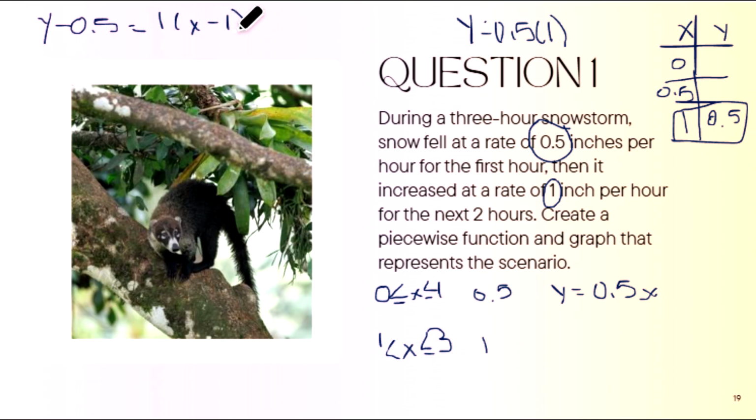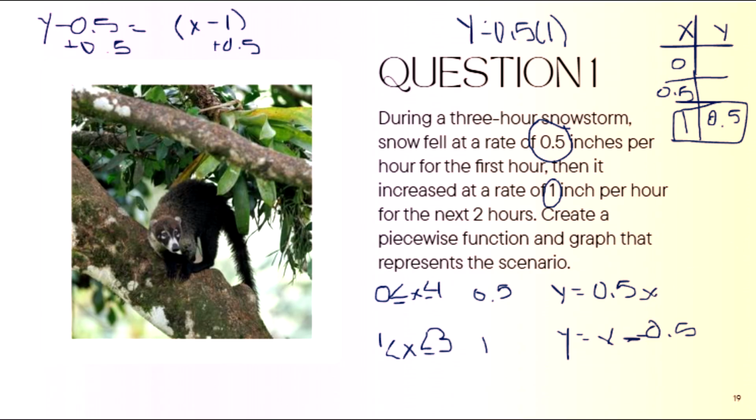First we have to distribute all of this out, which is going to leave us with just this. Now we got to get this 0.5 over, so add 0.5 to each side. It's going to give us our final formula, which is y is equal to x minus 0.5. There's our second formula.